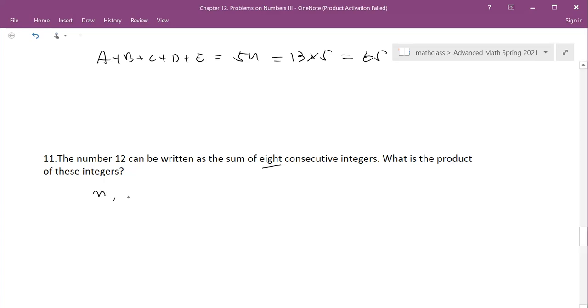First one is n, plus 1, n plus 2, n plus 3, n plus 4, n plus 5, n plus 6, n plus 7. So in total you get 8, right?